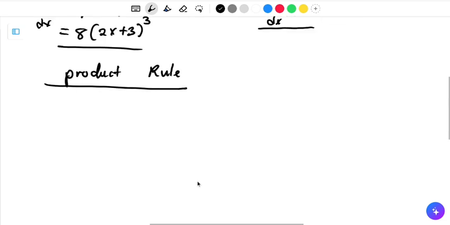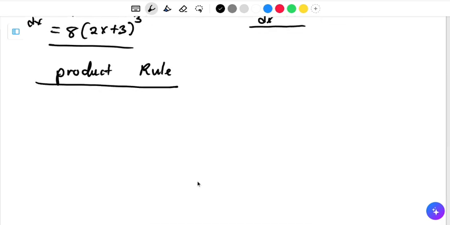Now let's focus on the product rule. What is the product rule and when do you apply it? The product rule is applicable when you are multiplying two functions. So this one can be y equal to, let's say, v of x and u of x. You are multiplying two functions. Then you want to find the dy/dx of the two functions that you are multiplying.